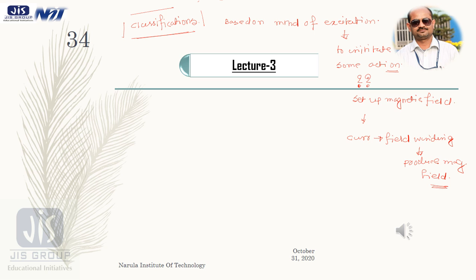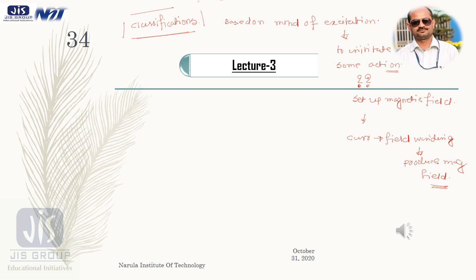Now depending upon the source from which this DC current, called excitation current or field current, is drawn, the machines are classified into two broad categories.